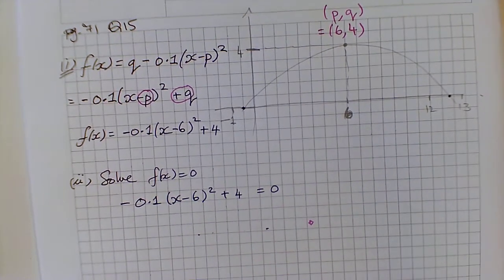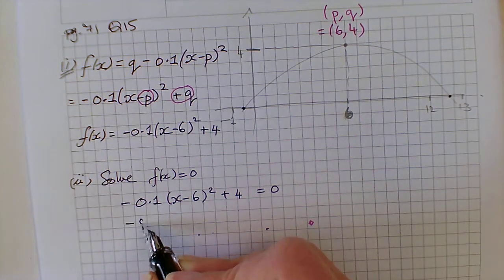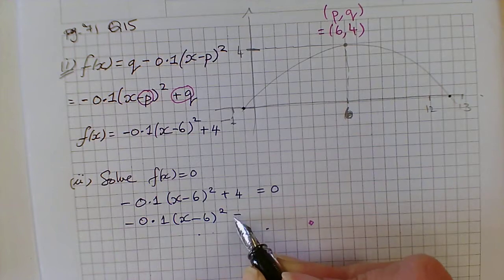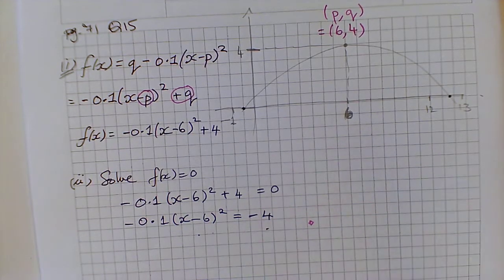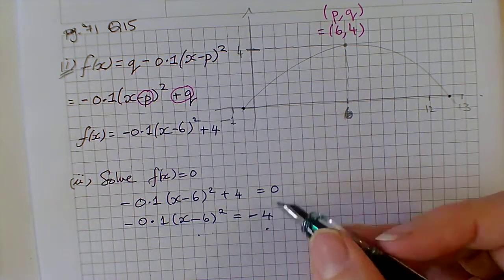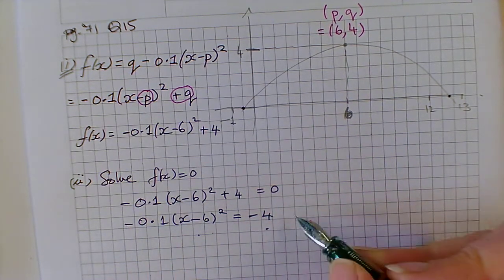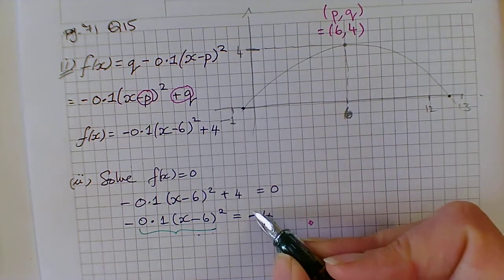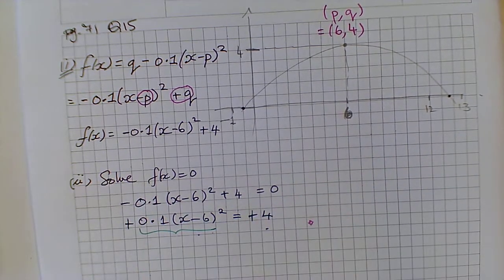Now I can go ahead and multiply out my brackets and solve it using the minus b formula, and that will be correct. But completed square format actually gives us a shortcut for solving as well. I bring the plus 4 over here and it becomes minus, and then I change the signs. This is a single term because they're both multiplied together. So this becomes plus and this becomes plus.